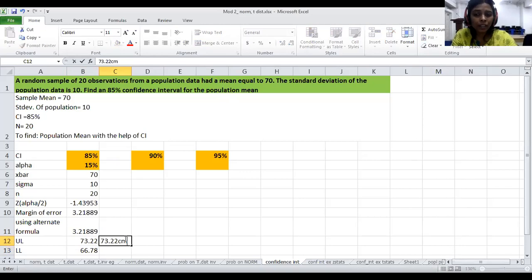So these units also should be mentioned in your upper limit and lower limit. Right now, we do not have any such units given over here. So we're just going to use that the population mean will lie between 73.22 and 66.78. This will be your final answer. If you miss this particular step, then your marks will be reduced accordingly.